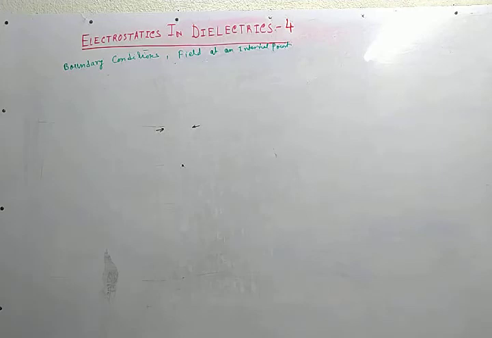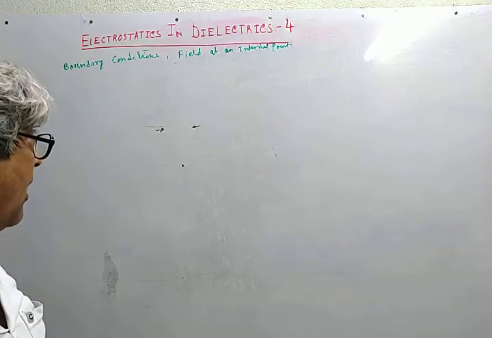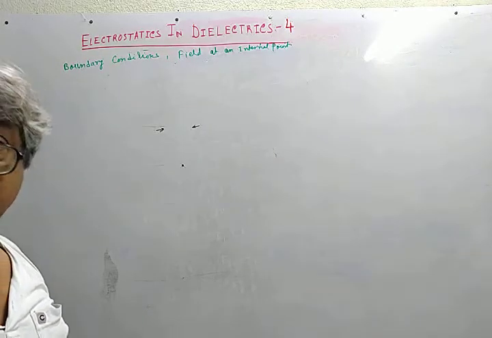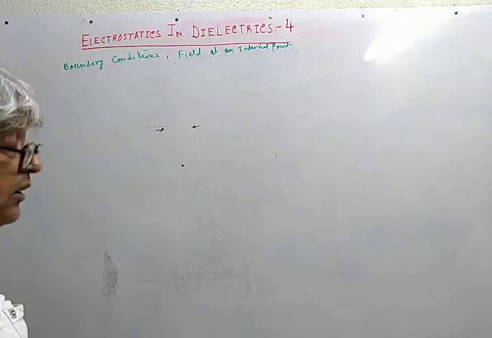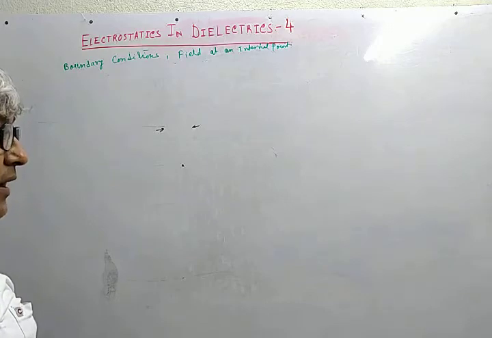So what to do? By field within a dielectric, we mean the macroscopic field. The macroscopic field is an average over the microscopic field, and the averaging is done with respect to a macroscopic space scale and also a time scale.